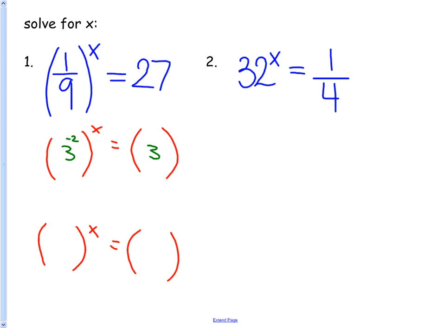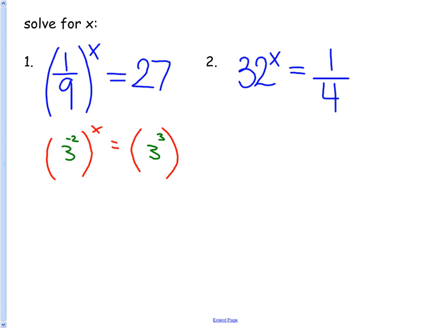And how does 3 turn into 27? 3 to the third. If I wanted to use 1/9 as the base, the nice part is, oh wait a minute, 1/9 wouldn't work as a base. I was thinking I could take 1/9 and put it to some power and make it equal 27, but 9 to the something is never going to be 27, so I'm wrong. That wouldn't have worked. Okay, there's another problem where it does. I was thinking of that one.